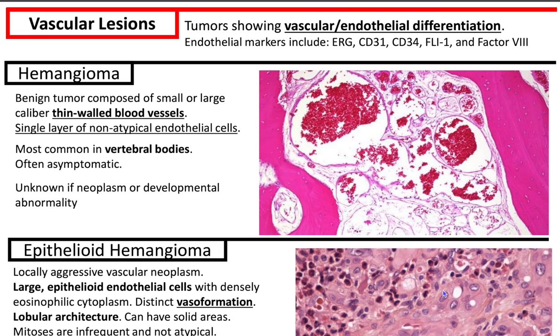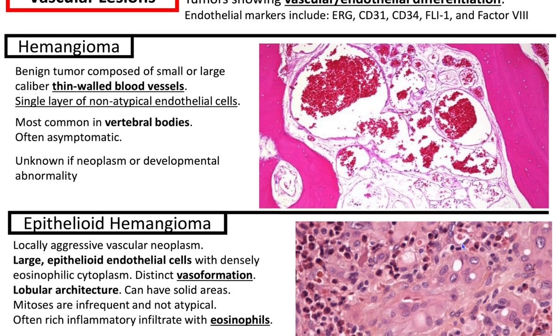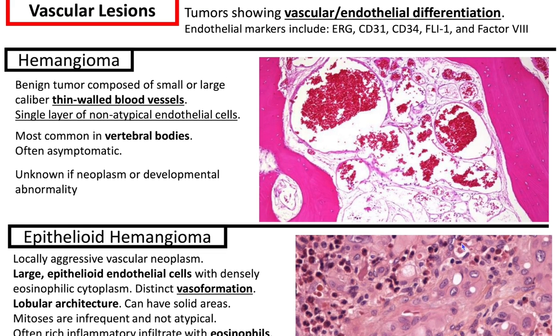It's a benign tumor with small or large caliber thin-walled blood vessels, and it's a single layer of non-atypical endothelial cells, and most common in the vertebral bodies. And just before we go on to the next one, epithelioid hemangioma, it's important to know the most important thing I've been told by my staff is looking at low power, see if it's circumscribed or not. More often than not, your benign entities will be well circumscribed.